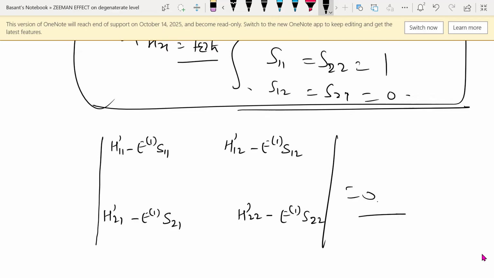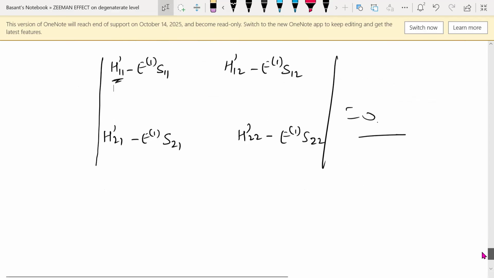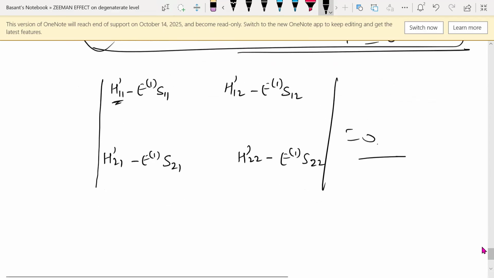Now here we have calculated the H11 value. This is equal to 0.